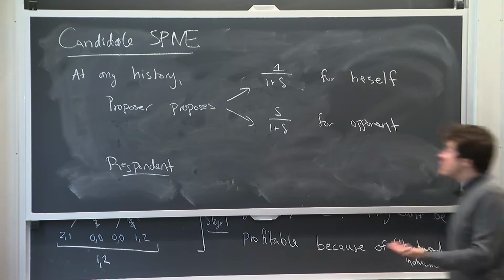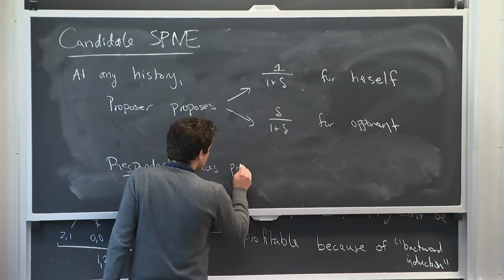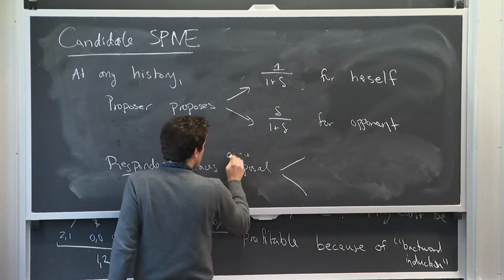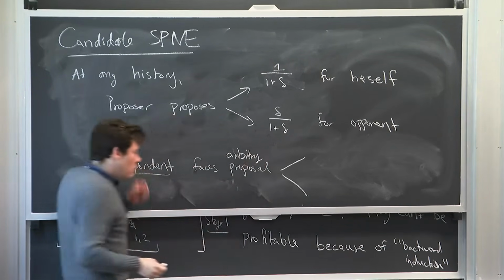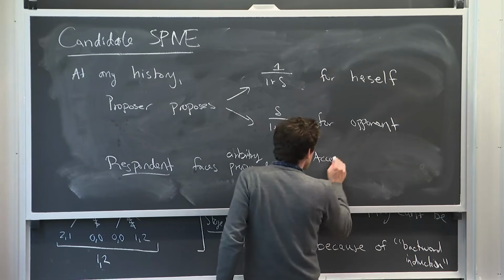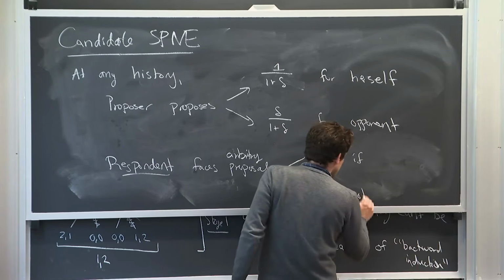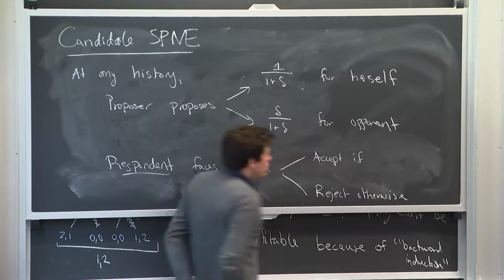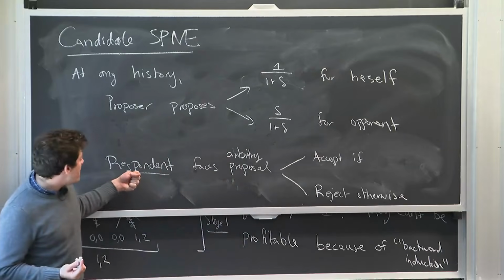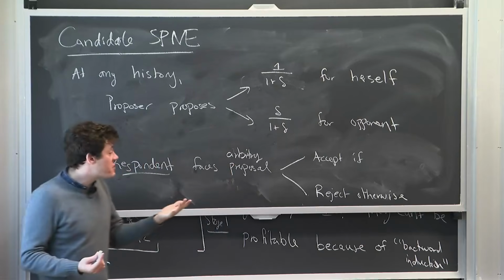So let's say the respondent faces some proposal, any proposal, an arbitrary proposal. The intuition is that the respondent should accept if they're offered enough and reject otherwise. So what is enough? Except if, it's always tricky with the notation, what I mean is except if the respondent's component of that vector is large enough.